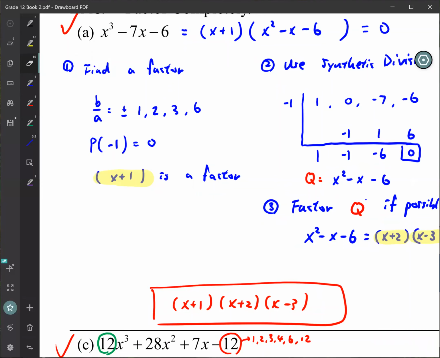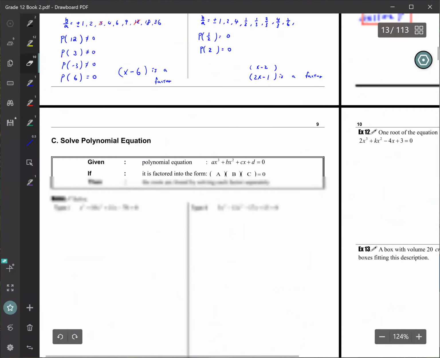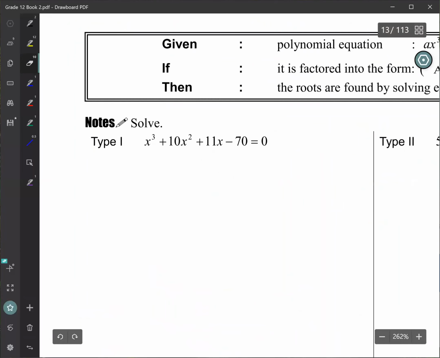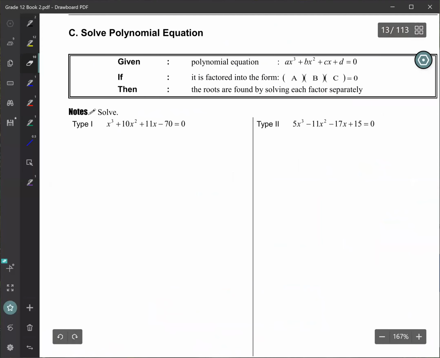If they say solve, like starting next page where the instruction is different, then your final answer should be x equal to something, instead of brackets. So make sure you read the question properly, whether you see the word solve.